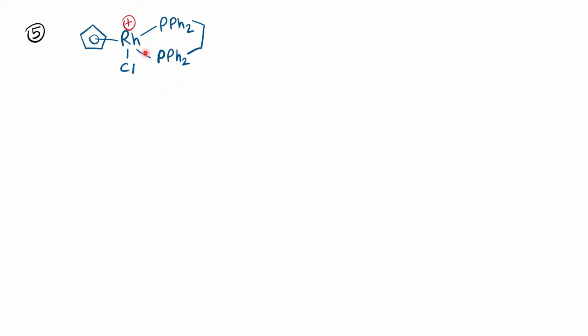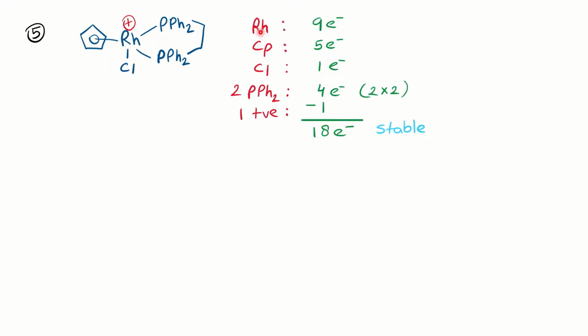Next problem, you have a rhodium complex, you have PPh2, 2 PPh2 are there, phosphorus is like nitrogen, only phosphorus is bonded to rhodium, means 2 electrons from each phosphorus, total 4 electrons. Cp is contributing from the center, 5 electrons, and chlorine 1. Rhodium belongs to the 9th group, and the outermost shell electrons are 9.